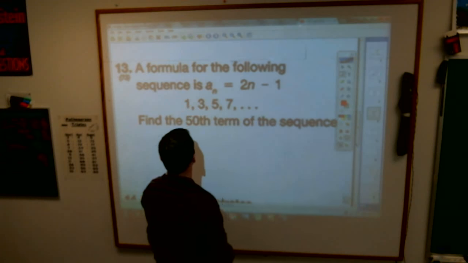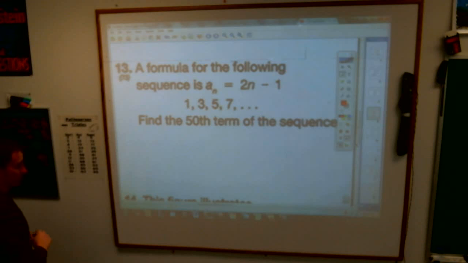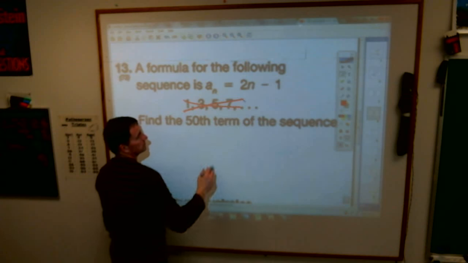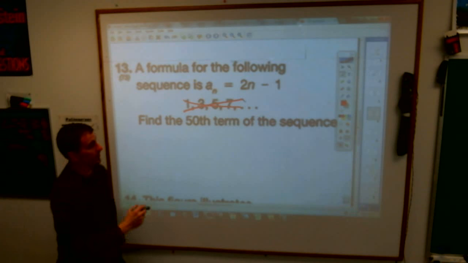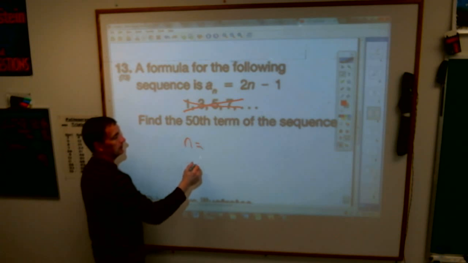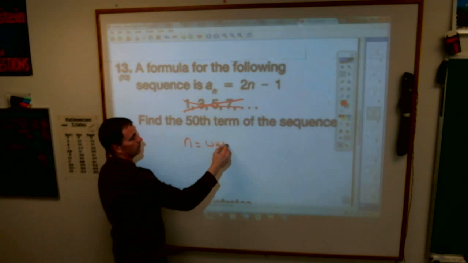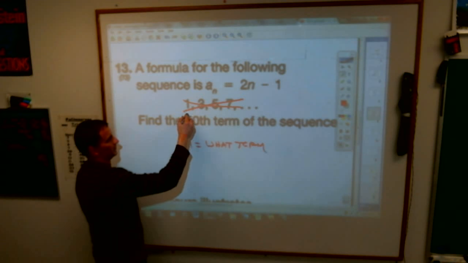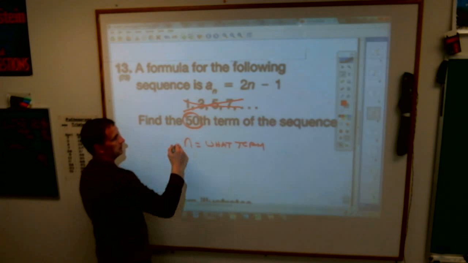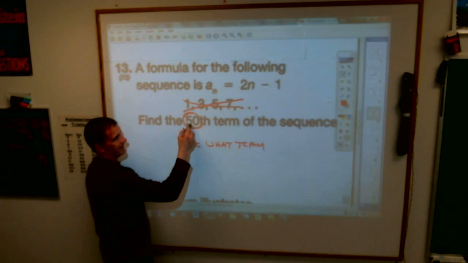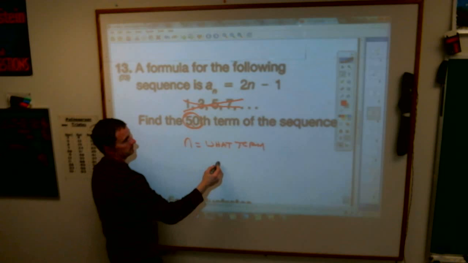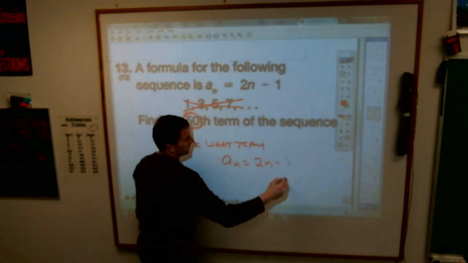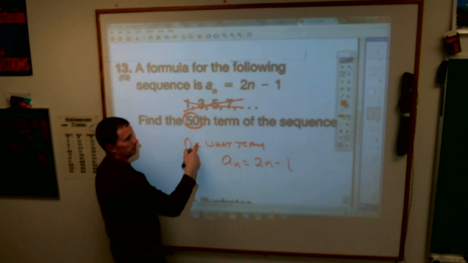Oh yeah, formula for. Okay, first of all, Aubrey, you don't need this. You just need to know that the letter N is what term you're looking for. And they told me I am looking for term number 50. So wherever there's an N, I put the number 50. So I've got this formula they gave me. So wherever you see an N, you put the number 50.